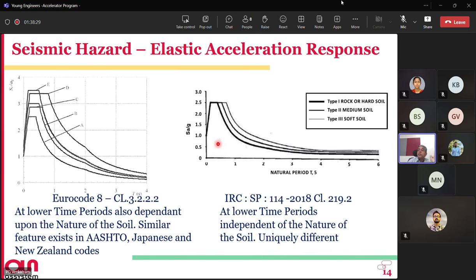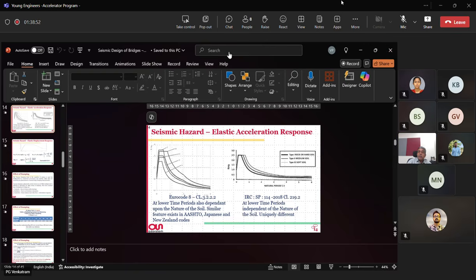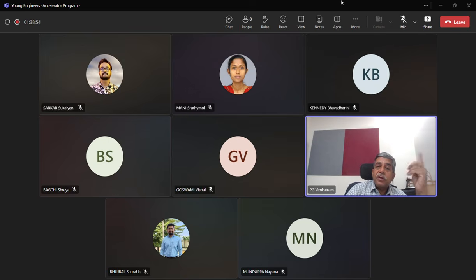You cannot arbitrarily use response reduction factor 3, etc. If you use higher response reduction factor, you can do it only if you have provided and detailed out a location where plastic hinge can form, where the relative displacement between the superstructure and substructure can be accommodated. That is the reason for permitting response reduction factor for non-elastomeric bearing.